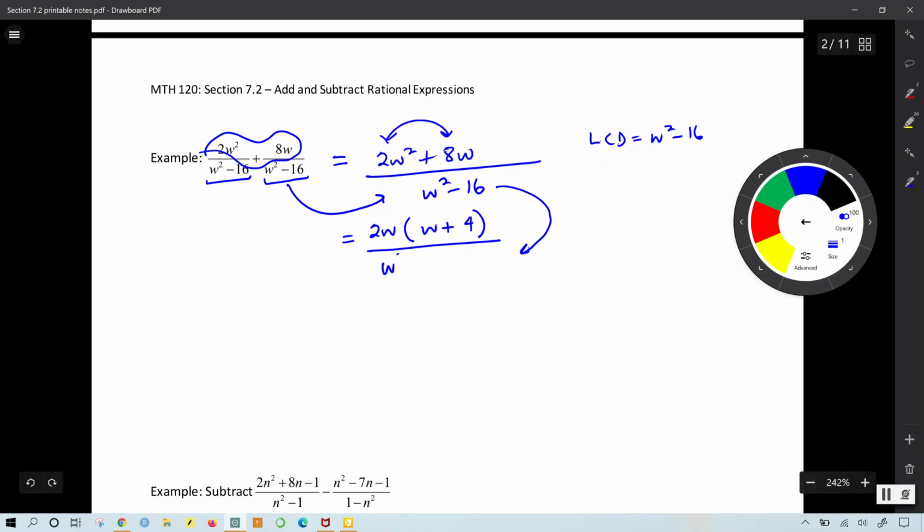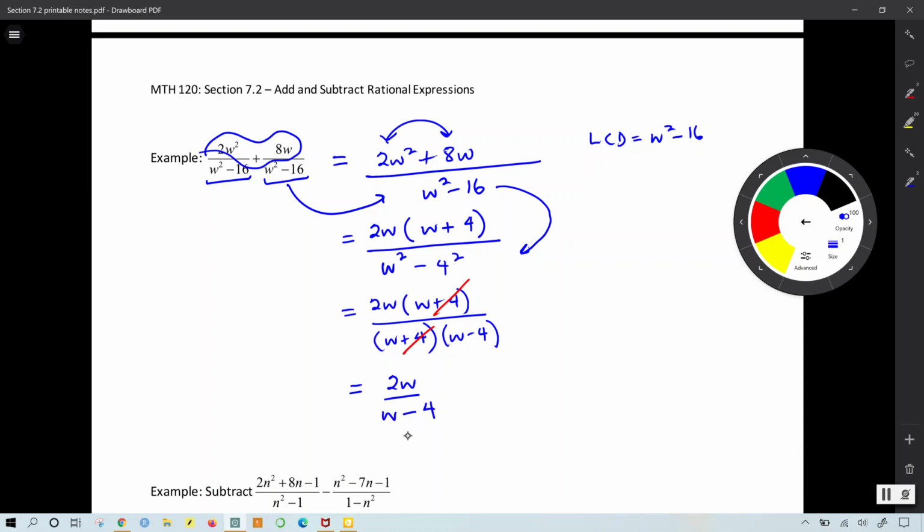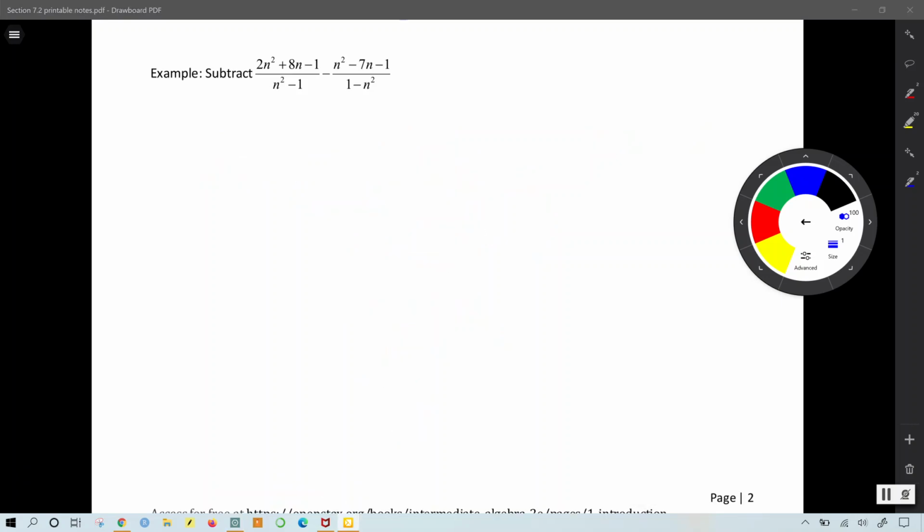So that will be w squared minus 4 squared, which can also be written as 2w, w plus 4, all over w plus 4 times w minus 4. And so we proceed to cancel out the common factors, and we have our final answer, which is 2w divided by w minus 4. And now we begin the next question.